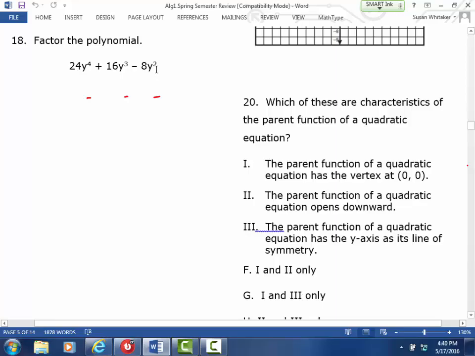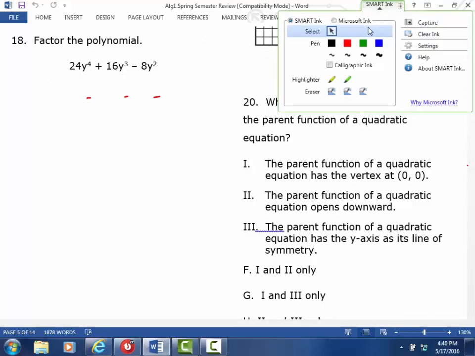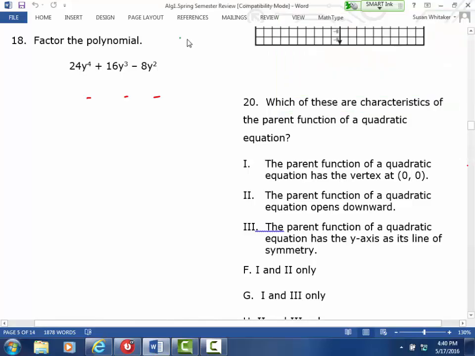There are a lot of different ways to find your factors. You could go off to the side and write down 24. I know that's 24 times 1, and 12 times 2, and 8 times 3, and 6 times 4.